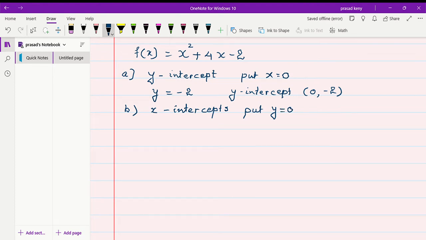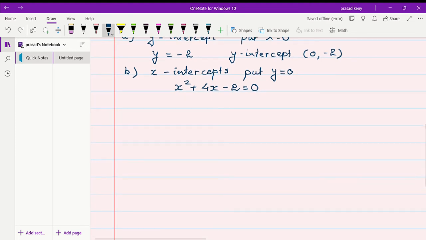So we get x square plus 4x minus 2 is equal to 0. And as you can see here, the factorization is not possible. There are no factors of 2 such that difference is 4.